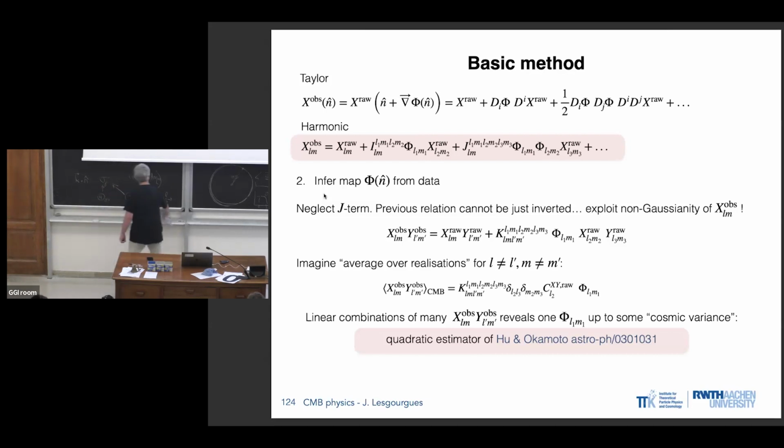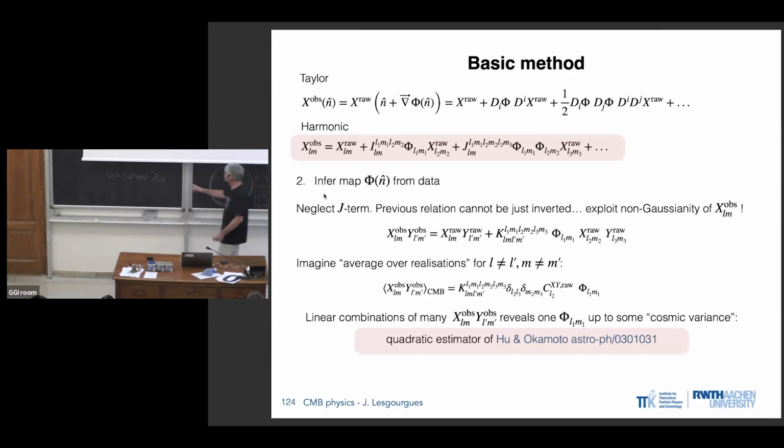But this is a situation which is very close to the situation when we were just trying to measure the CL spectrum, because the theoretical spectrum was the ALM squared in such a perfect idealized averaging over many realizations.